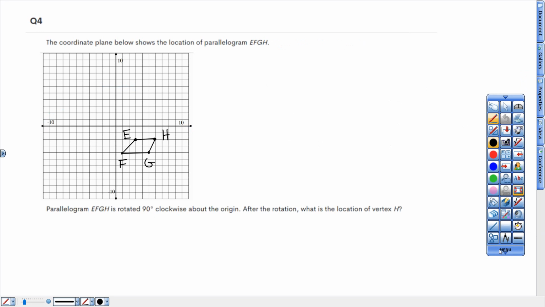All right, for this one, they want you to focus on H, knowing that it is a clockwise turn to the right. It's going to move over here to the right. I know it's hard to see that that's to the right, but that is to the right. If I look at the H point in the pre-image, remember this beginning one is called the pre-image, that is the point 1, 2, 3, 4, 5, 6, -2.